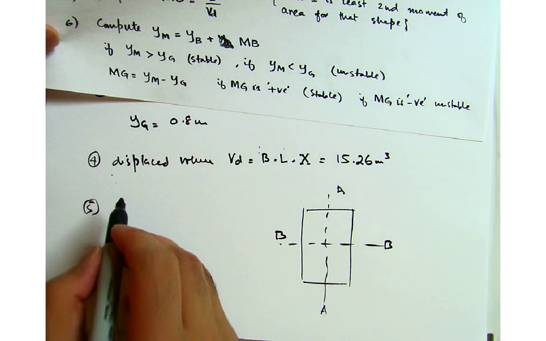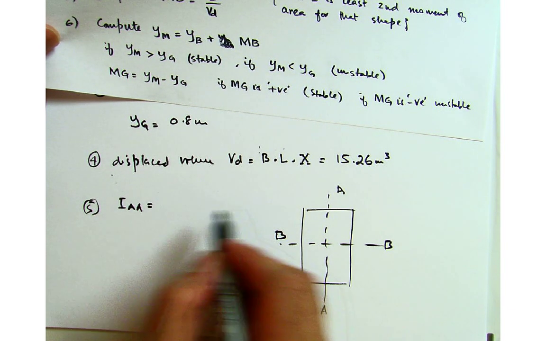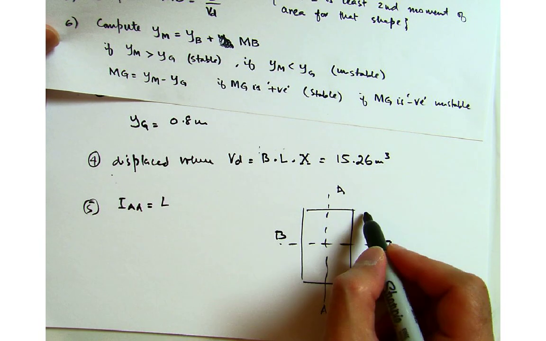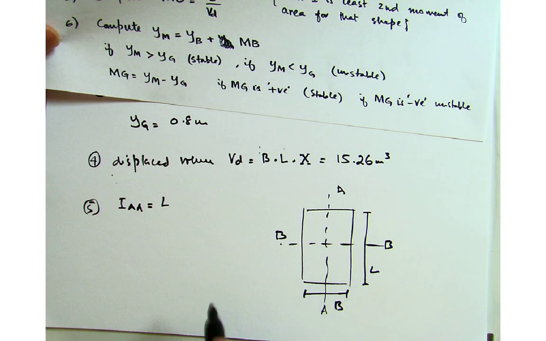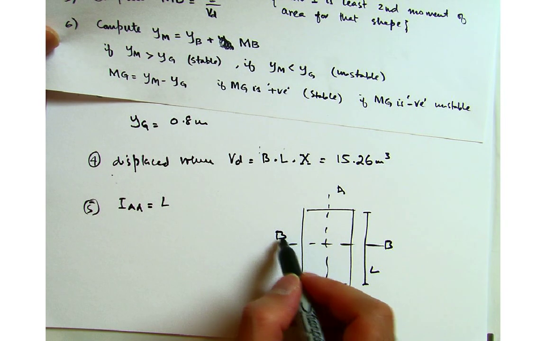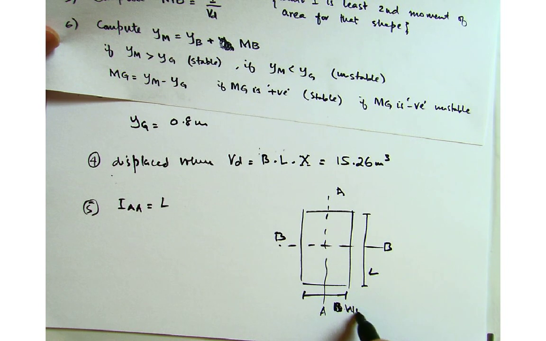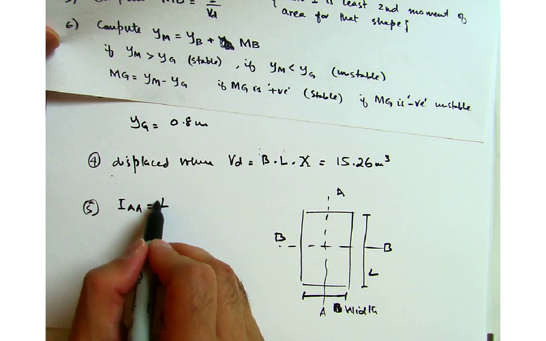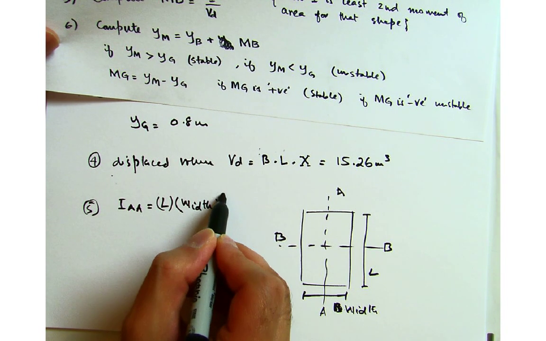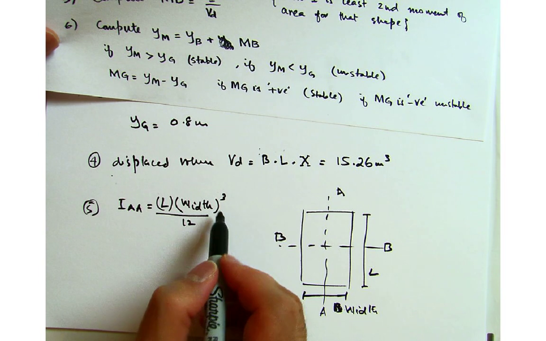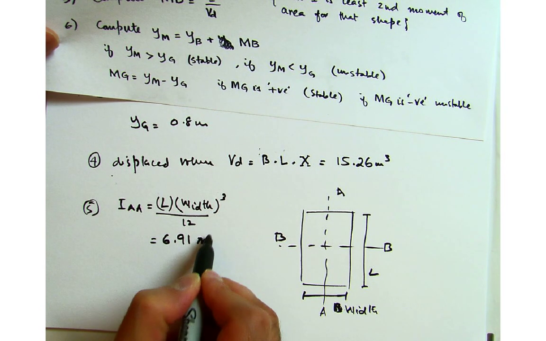So I can find this IAA to be equal to L, which in this case is this L, and this is the B. Oh, actually, yeah, that's okay. So this is the width of this thing. So L times width to the power third divided by 12. So I find this comes out to be 6.91 meter to the power 4.